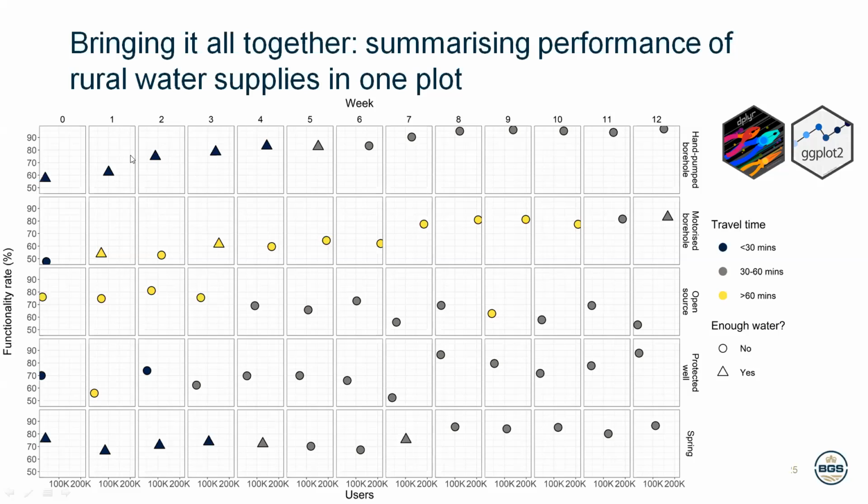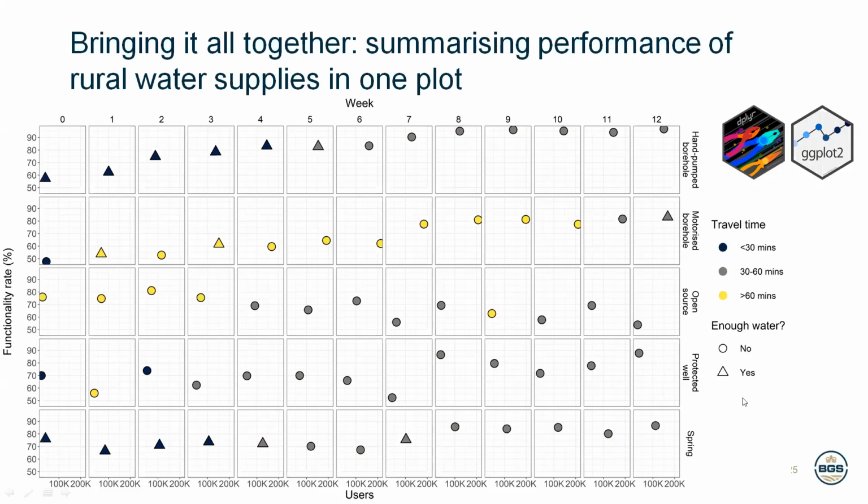In the first part of the drought, people reported that they hadn't had enough water from the hand pump boreholes, but in the second part of the drought, they did. And generally, travel times increased for people throughout the drought. To begin with, the travel times were less than 30 minutes, but they went up to greater than that as we went on. And I did that for each of these categories.